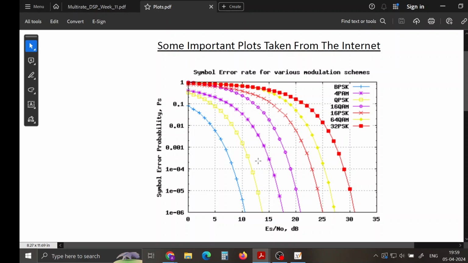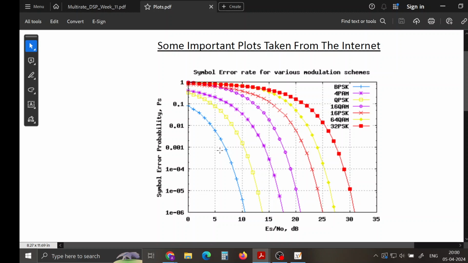Then further towards the right you have 16 QAM, 64 QAM, and so on. You can also extend it to 256 QAM and 1024 QAM. But the idea is that as your constellation size grows, this curve shifts to the right. The bit error rate performance deteriorates as you increase the constellation size.